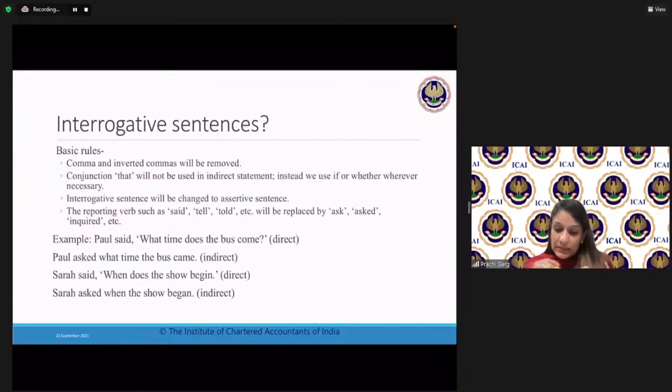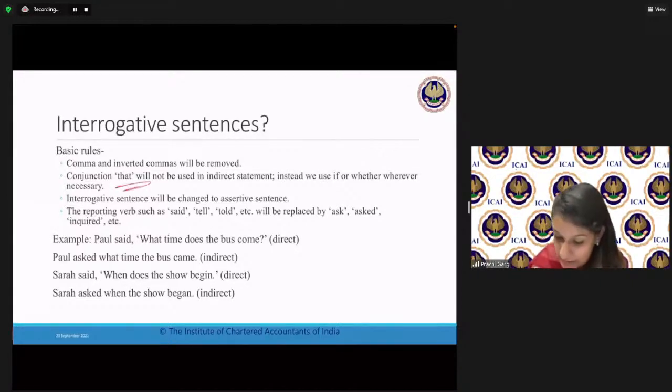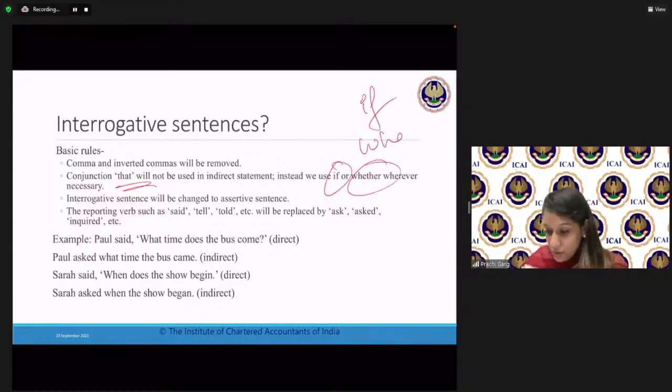Interrogative sentences. In interrogative sentences, the basic rules: the comma and inverted commas will be removed. The conjunction that will not be used in indirect statements. So in interrogative sentences, that will not be used. Instead, we use if and whether. I told you, if or whether. We don't use that when we are changing interrogative sentences to reported speech.